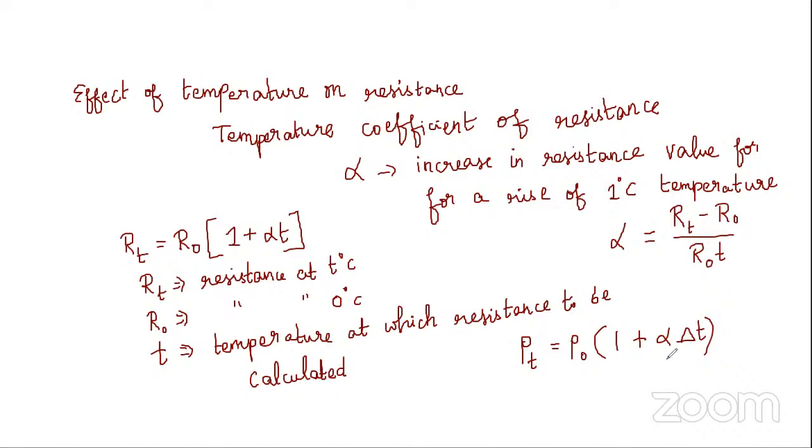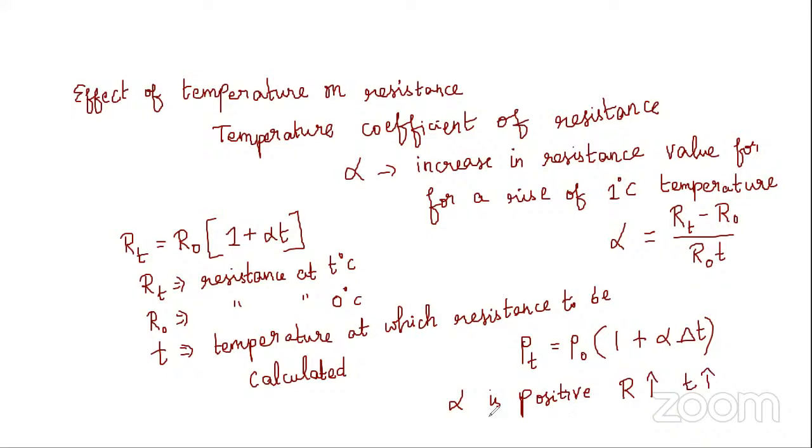Okay. So now, if you find out the alpha value, you can tell how the resistance changes with the increase in temperature. If your alpha value is positive, that means your resistance increases with increase in temperature.